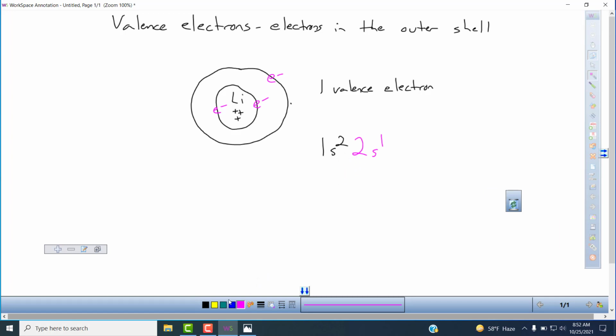Just know that this is the level, so the second level and the first level. And since we only care about the electrons in the highest level, we only care about this 1 electron. So we say it has 1 valence electron in the highest level. You'll continue to see this notation. You don't have to write it, just be able to interpret it.